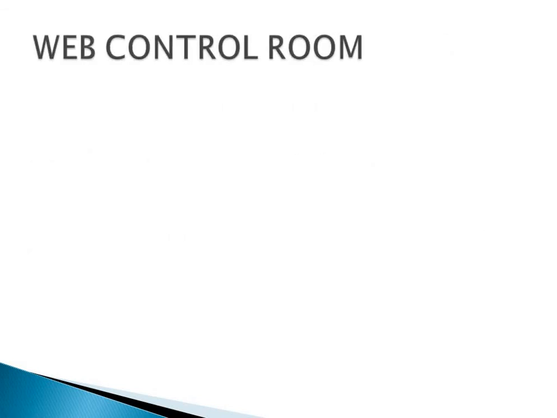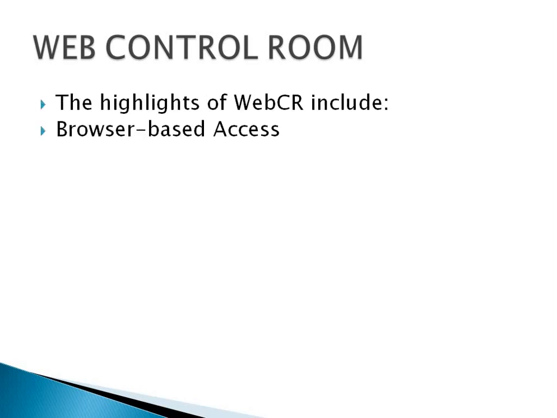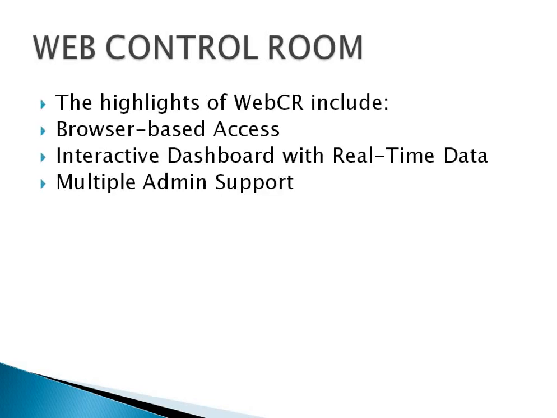Now we are learning in depth what the features of the web control room are. It is browser based access, and by using Amazon AWS or Google Azure, you can access this from anywhere in the world because it is saved in the cloud.